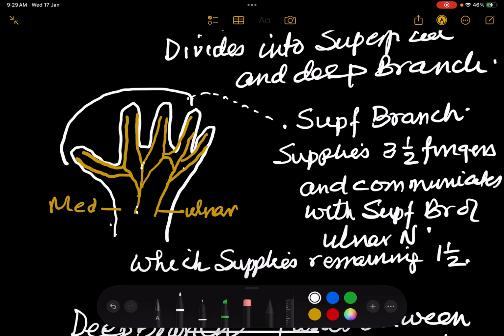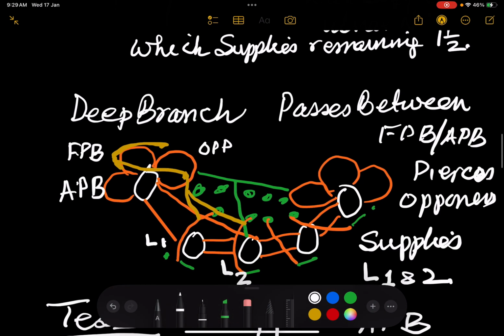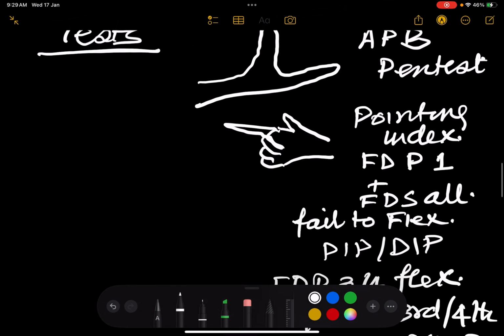So this is the superficial nerve. The deep nerve passes between the flexor pollicis brevis and abductor pollicis brevis, pierces the opponens, and ends in the first and second lumbricals. So this is the course of the median nerve.